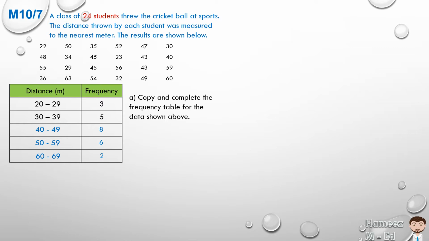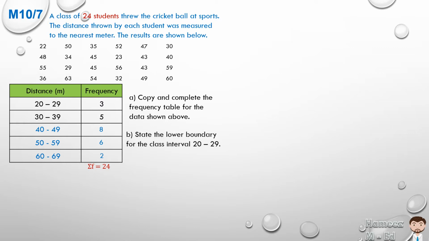And we can double check. If we add the frequencies, 3 plus 5 plus 8 plus 6 plus 2 will give us 24. And if we look at the information given above, we have 4 rows with 6 columns. So 4 by 6 will be the same 24. So it corroborates.